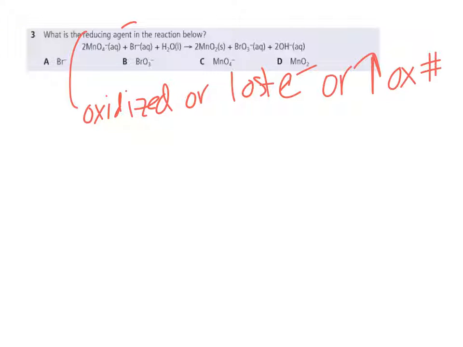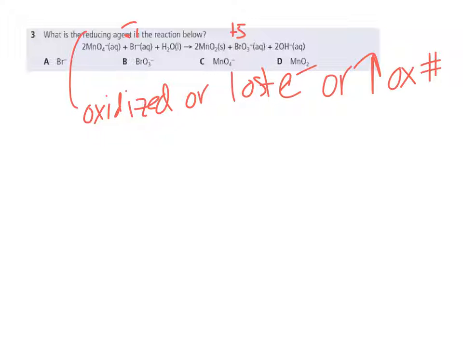So however you want to think of this question, that's what you're looking for. So if I look at Br minus over here, that's a -1, and on the other side, Br is going to be a +5 when it's with O3 with the -1 charge. So that's definitely an increase. So A looks like a good possibility.